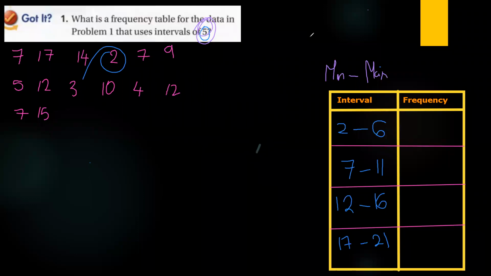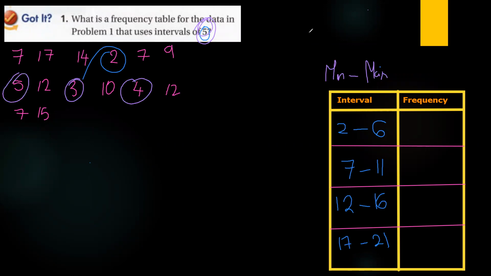And after we have the intervals, now let's come back to my data. Now, the interval here is from 2 to 6. So you have to count how many numbers are between 2 and 6, and I mean 2 with 3, 4, 5, or 6. Yalla. How many 2 do we have? We have 3, we have 4, we have 5.